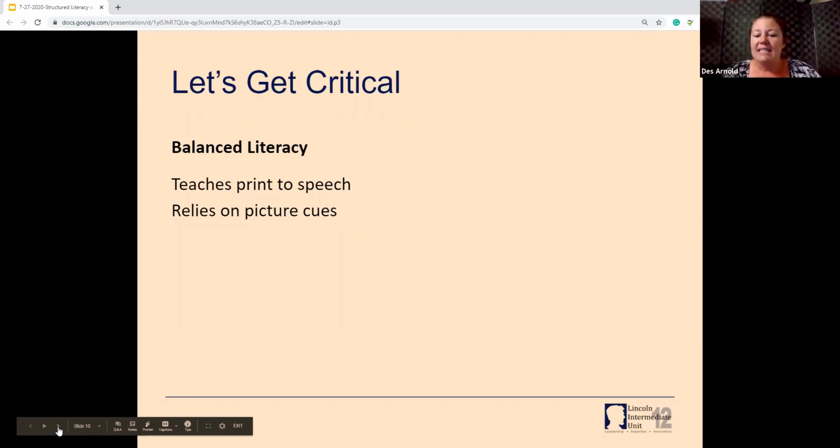These are strategies that assume the student already has those foundational reading skills. So when we're looking at students who don't necessarily have those foundational reading skills, we're teaching them to rely on skills that aren't sustainable.